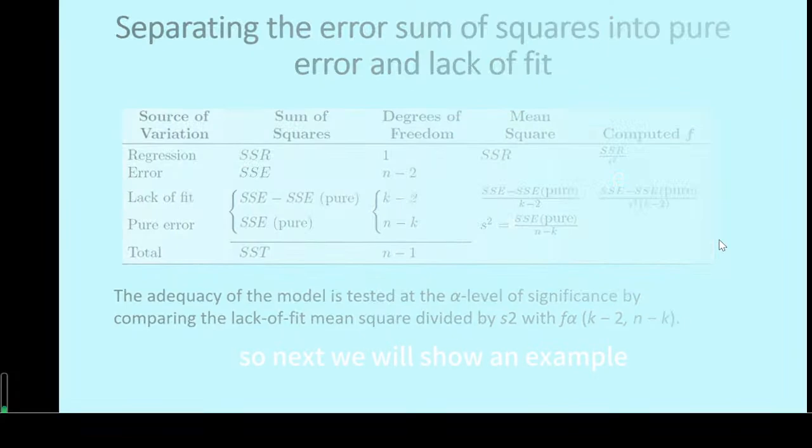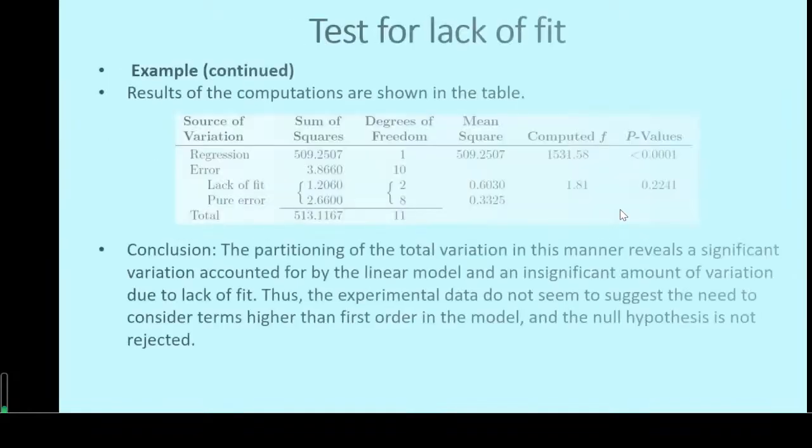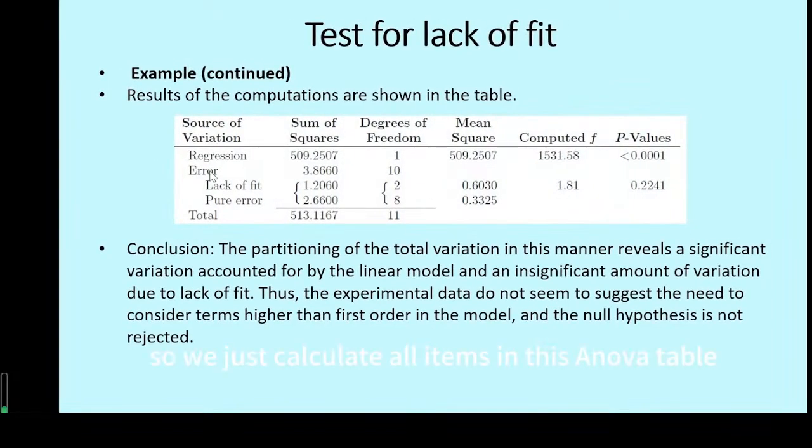Next we will show an example. This is the data, all the x values and all the y values. You can see for a given x value, we have repeated observations for y. Then we will test if the model fits correctly. We calculate all the items in this ANOVA table, and the result is this one. This is the F-test result.